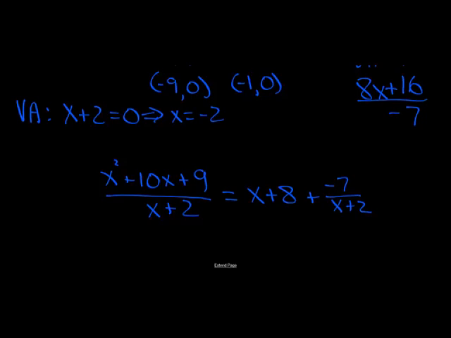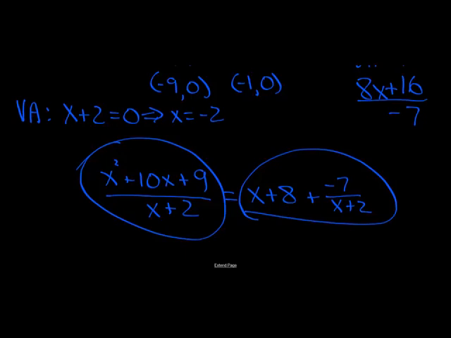Now, when we talk about horizontal asymptotes or non-horizontal, the slant asymptotes, what we're talking about is what does the function do for very large values of x in the positive direction or in the negative direction? In other words, as x gets larger and larger and larger, what does this thing right here look like? Well, it's this. These two are the same.